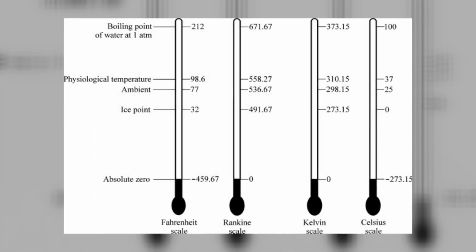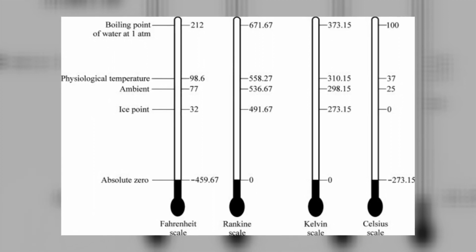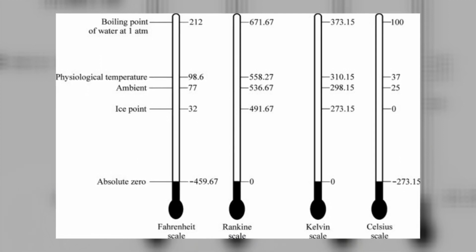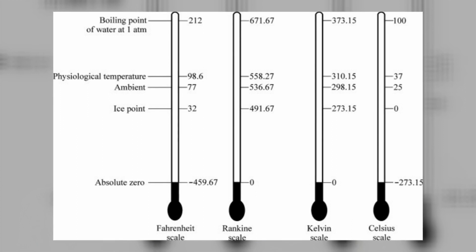For Celsius, to figure out what temperature is in Kelvin, I add 273 degrees, which means the freezing point of water on the Fahrenheit scale is equivalent to 492 degrees Rankine, and the freezing point on the Celsius scale is equivalent to 273 degrees Kelvin. Almost messed it up myself there. This is the 6th time I've done this video.